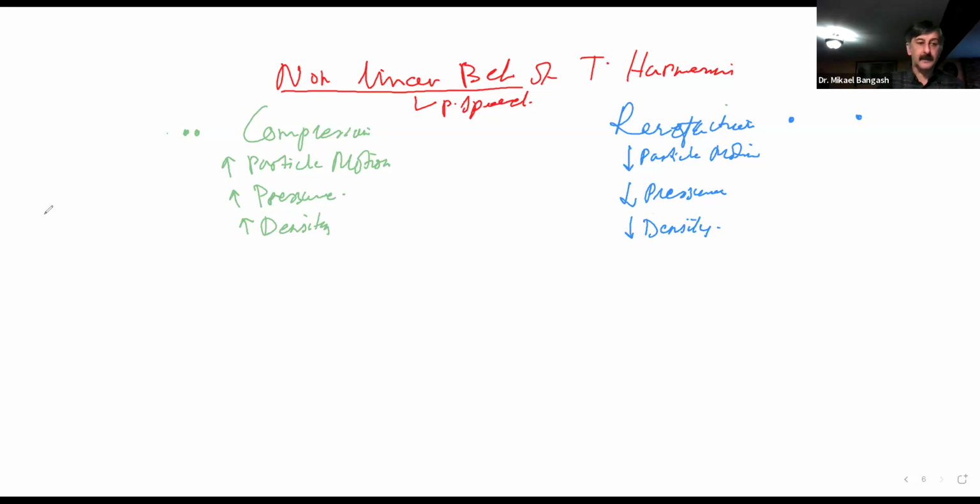With that said, during compression there will be a greater speed of sound, or the sound will travel with a greater speed, versus rarefaction, where there will be a lower propagation speed of sound.